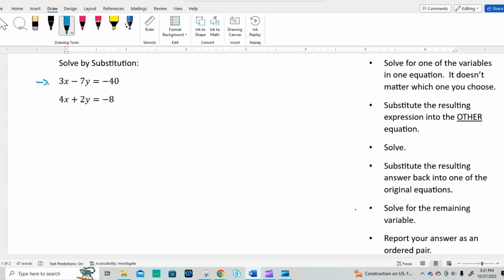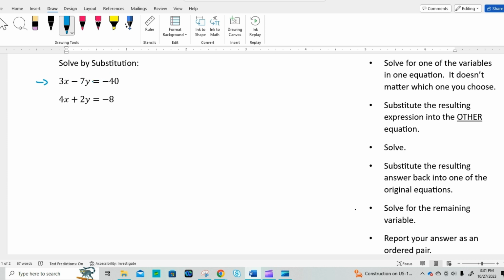The reason is, if I try to solve for any variable, I am eventually going to have to divide everything through by the coefficient of that variable. Meaning, if I wanted to solve for y, yes, I would have to move the x to the other side, but eventually I'm going to end up dividing by a 7.